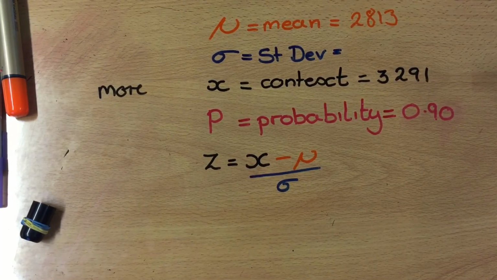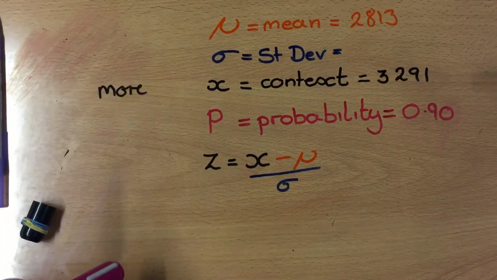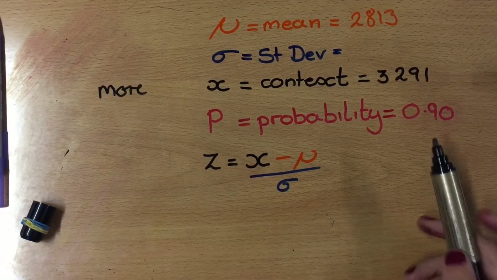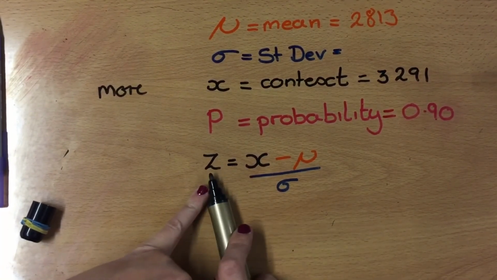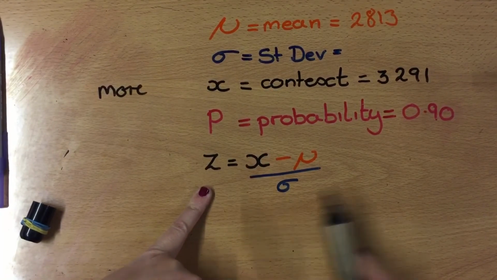Okay, so we can work out our standard deviation, because if you look at this, if we knew what x was and what z was, we can work out our standard deviation.